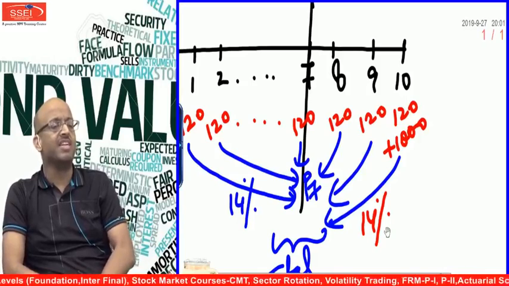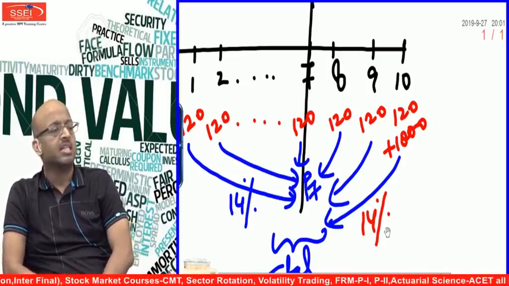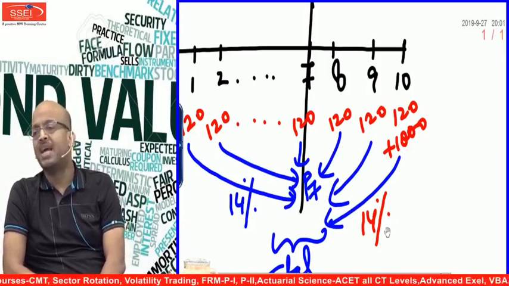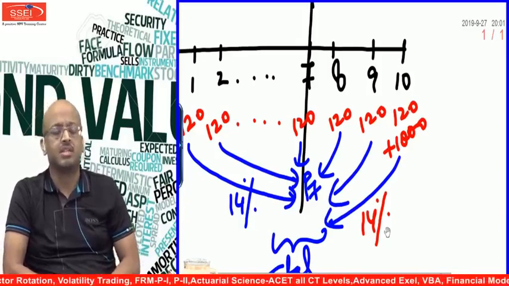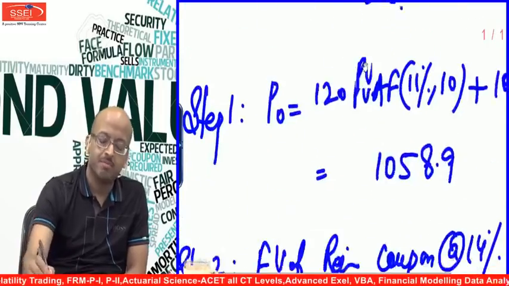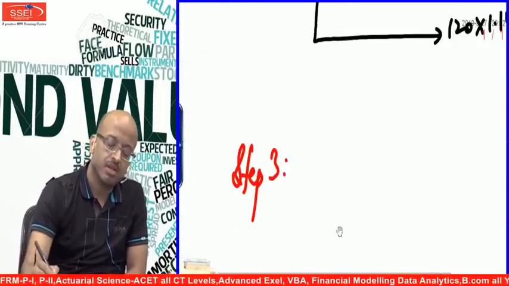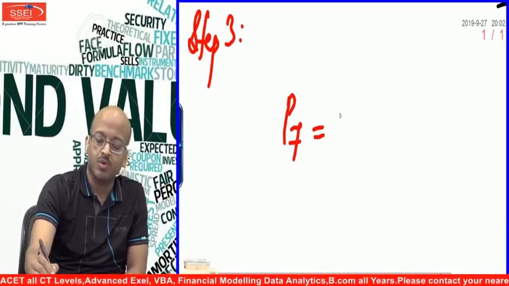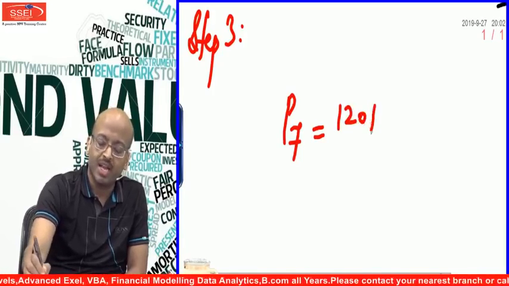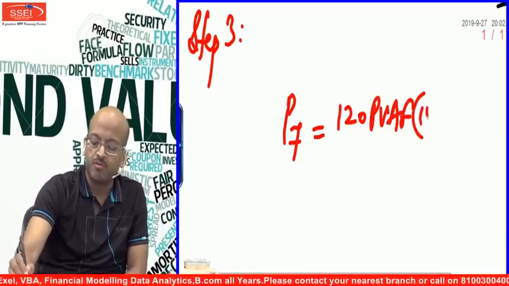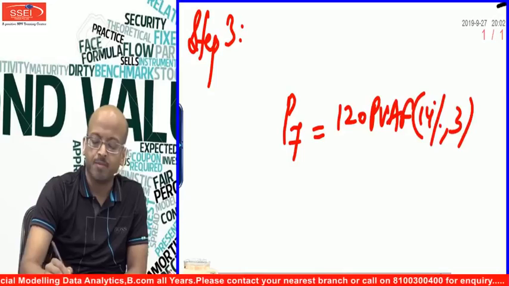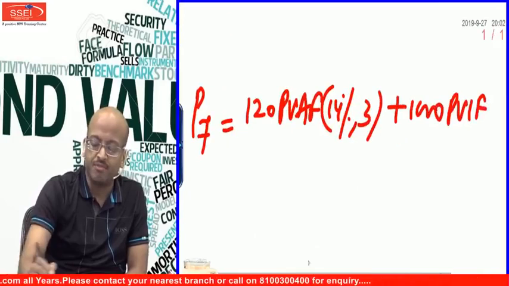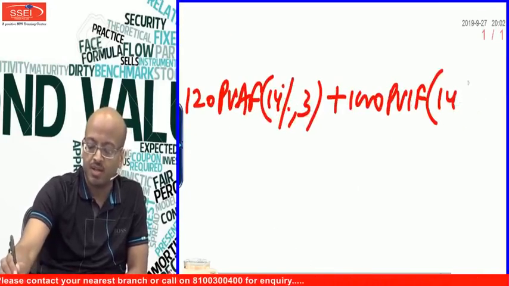Selling price at the end of 7 years, that is P7, equal to 120 into PVAF, 14%, comma, 3 years are left, plus 1000 into PVIF, 14%, comma, 3.